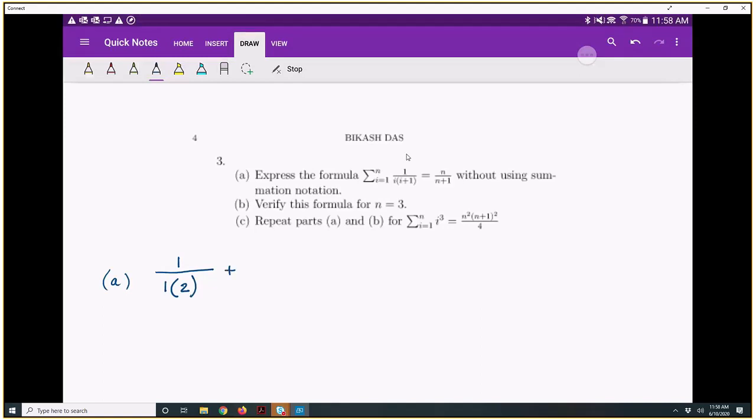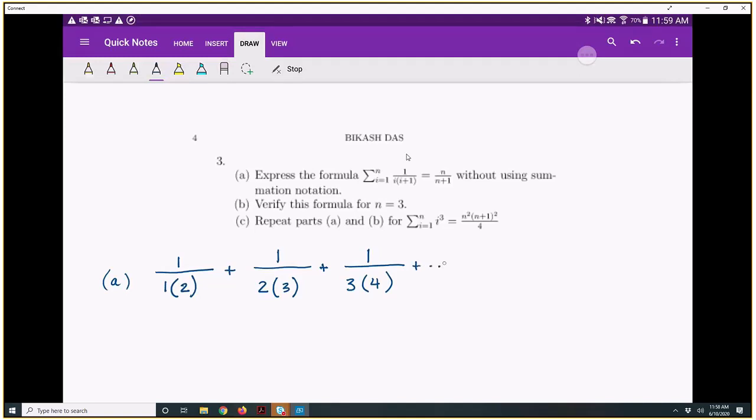Then I'll add the next term. Now my index is 2, so I'll put 2 for I and 2 plus 1, which is 3. And the next term I'll add, I is going to be 3, so I'll put 3 for I, and 3 plus 1 is 4.